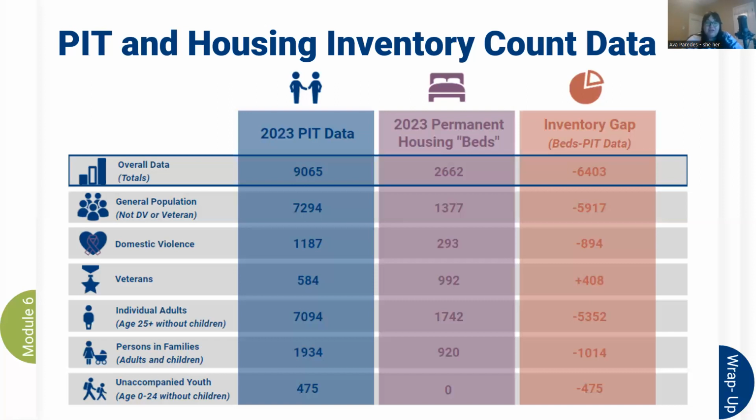So luckily, this is already a template that we have developed and can send it to folks if you don't want to start from scratch. All it requires you to do is to manually fill out each of these associated cells and then do the subtraction as outlined in the third column highlighted in orange, that one titled Inventory Gap.